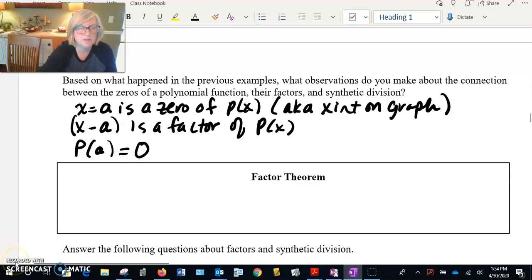And so those are the important parts of looking at this. So let's put the formal factor theorem in the box, and then we'll do a couple of questions.